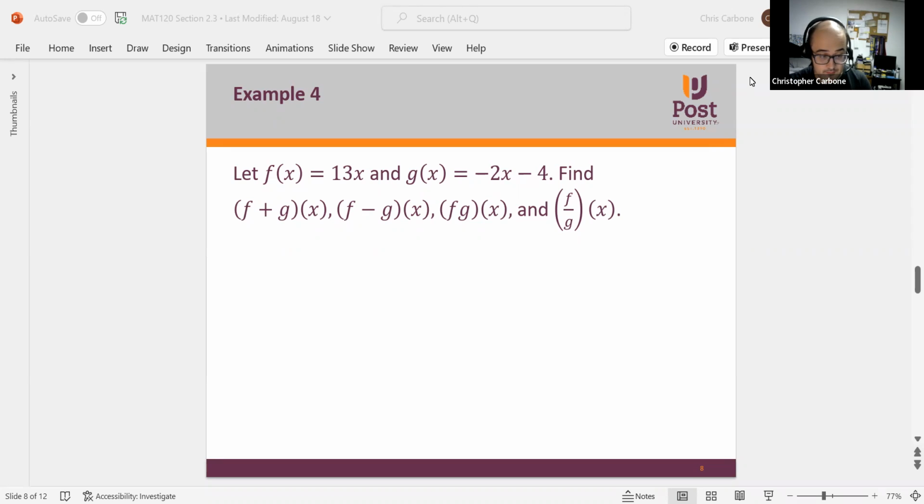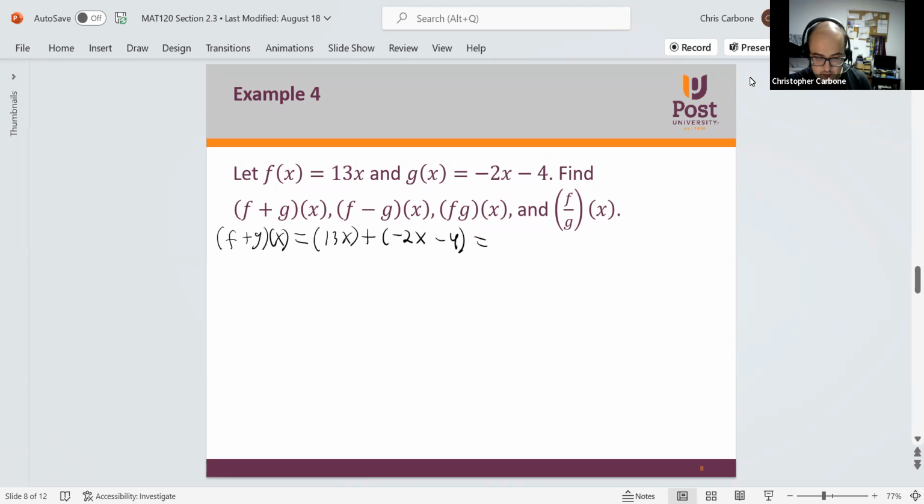So for the sum, f plus g of x, we're just adding these: 13x plus negative 2x minus 4. Adding these together would just make 11x minus 4.